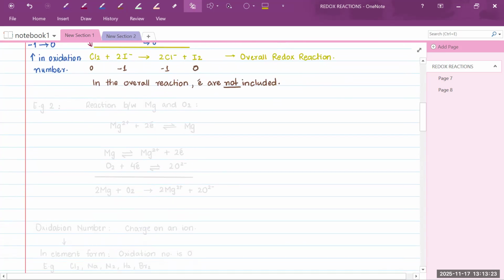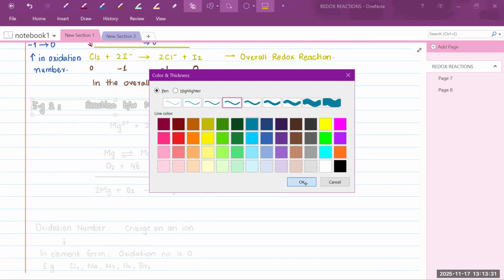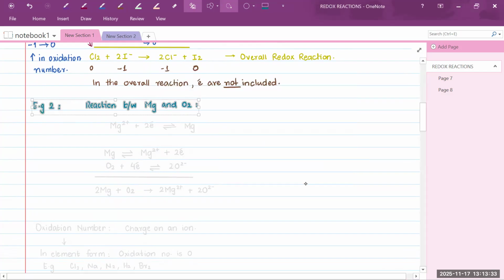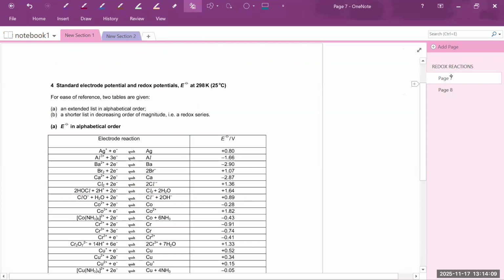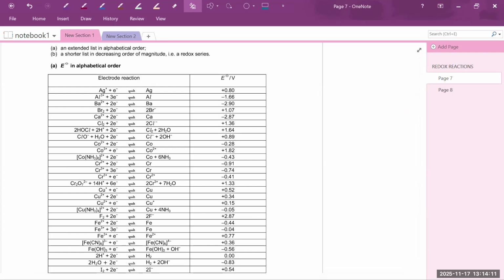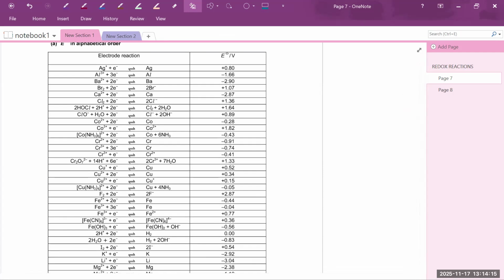Moving on, I have a different example for you. Reaction between Mg and O2. So in AS, you used to be given a data booklet, but I think nowadays you are not given a data booklet, but you will be given the reactions that you need.